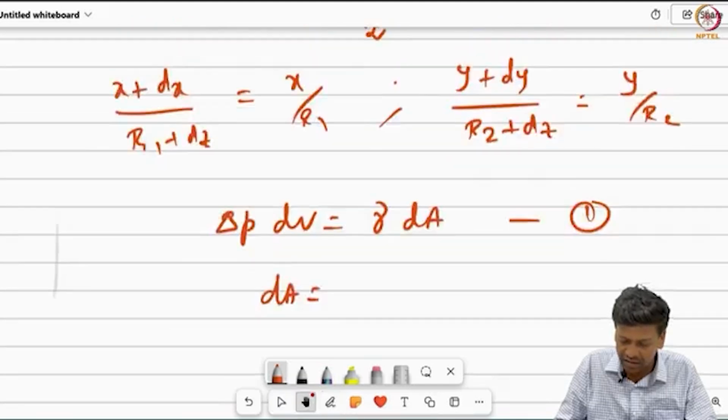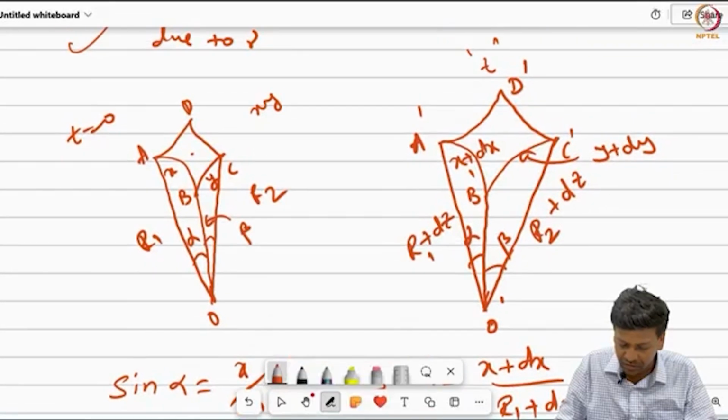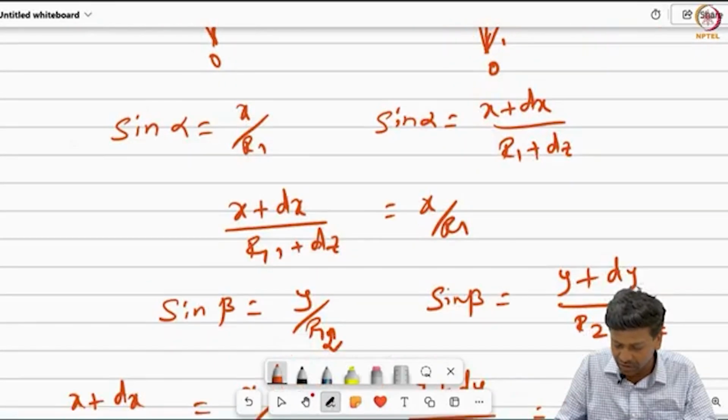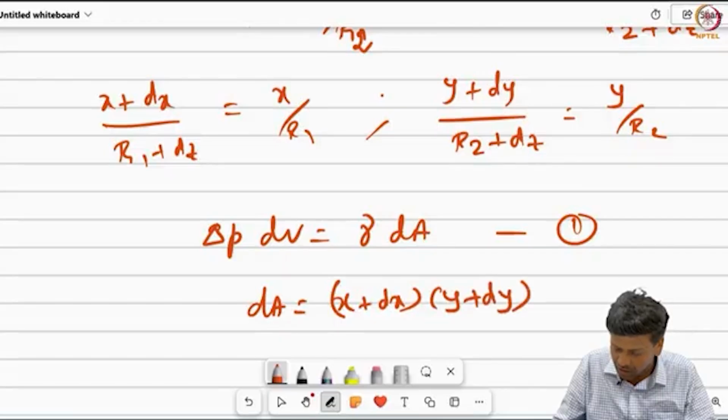We know the change in area because it changed from the curvature, it changed from this geometry to this geometry, right? So dA will be simply x plus dx into y plus dy minus xy, right?